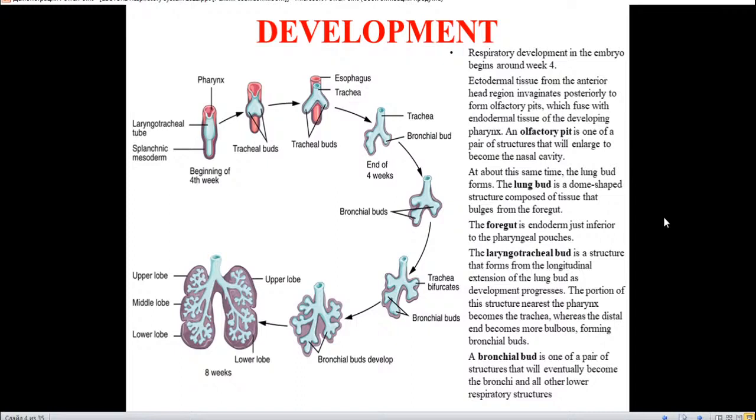An olfactory pit is one of a pair of structures that will enlarge to become the nasal cavity. At about the same time the lung bud forms, a dome-shaped structure composed of tissue that begins from the foregut.